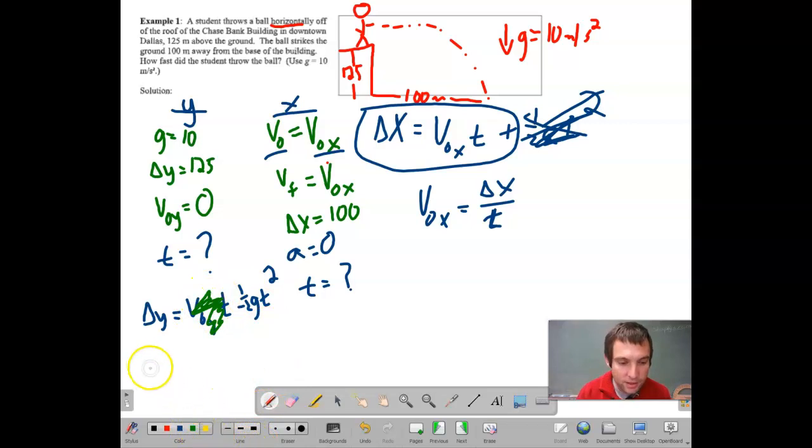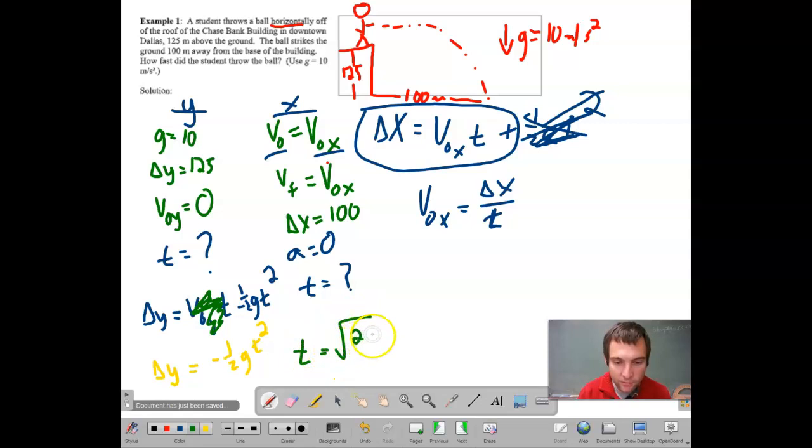And what we're left with is the y displacement equals negative 1/2 g t squared. We can rearrange this equation and solve for t, and we're going to get t equals the square root of negative 2y over g.